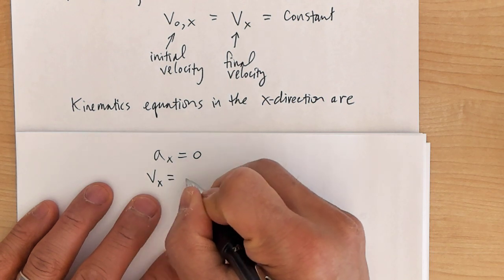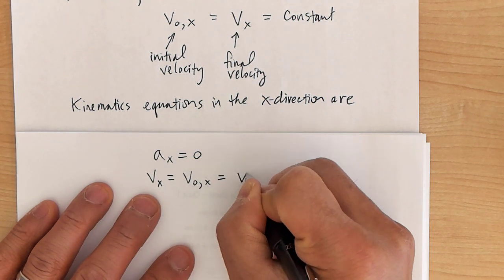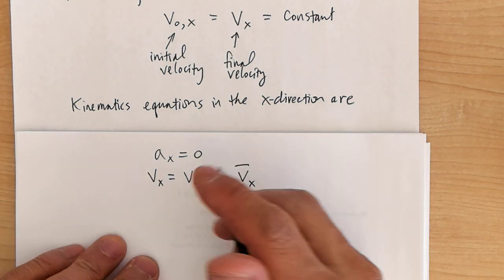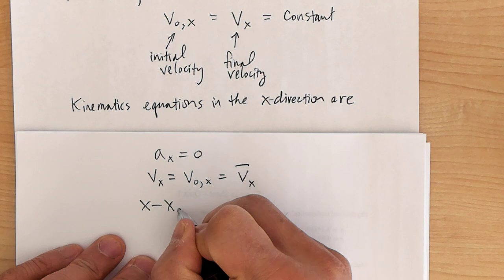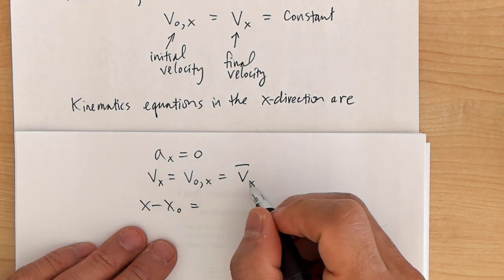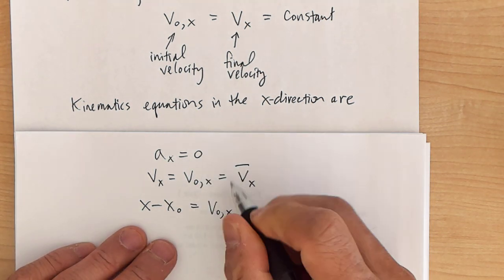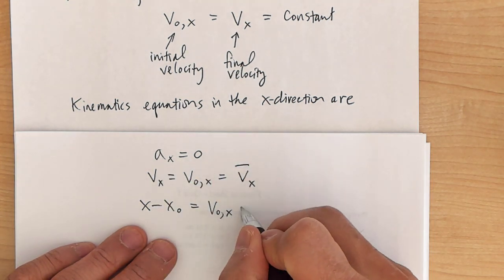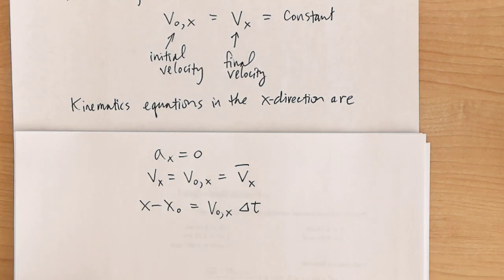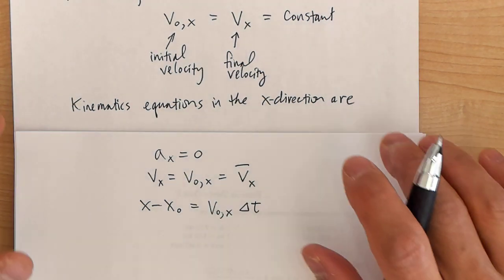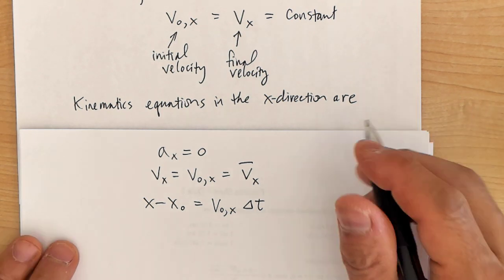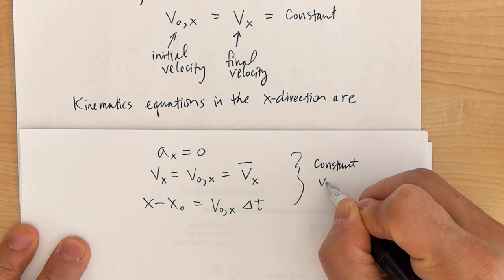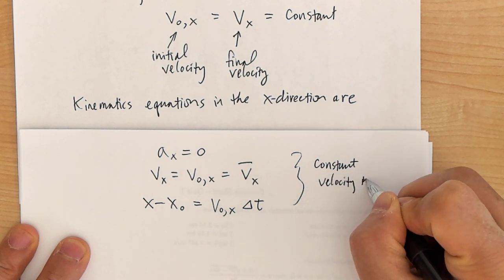The final velocity equals the initial velocity equals the average velocity. They're all the same, it's just a constant. And so if I want to know how far something goes, I can just take v0x and multiply it by delta t, and that will give me the displacement. So it's very simple. This is just constant velocity in the x direction.